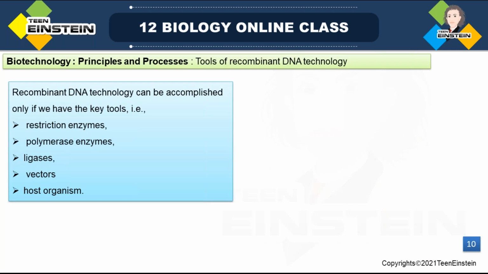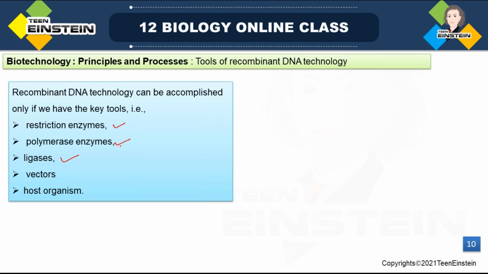These are the main tools in recombinant DNA technology. We have told about the role. Restriction means you can cut the desired part with the help of restriction enzyme.